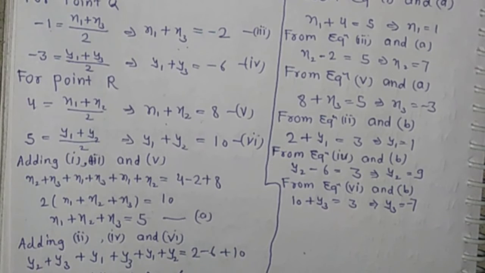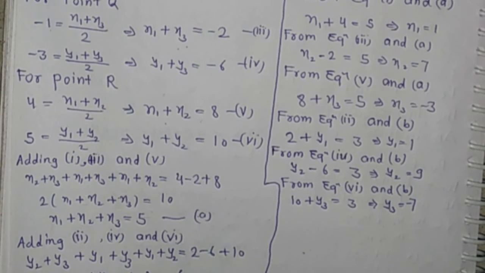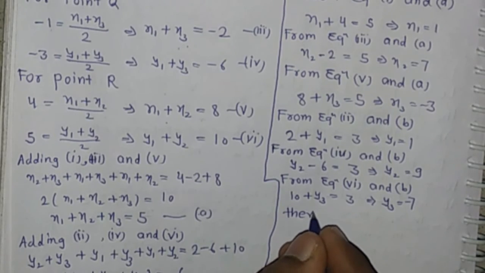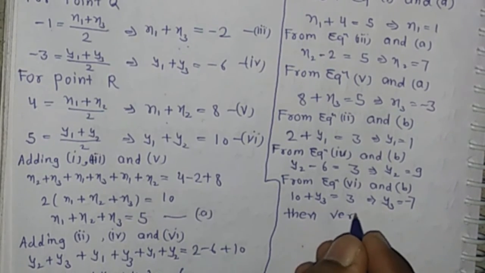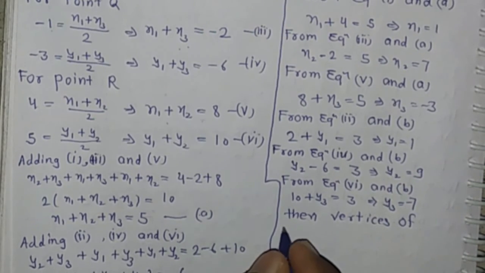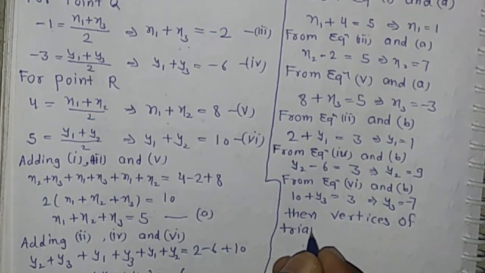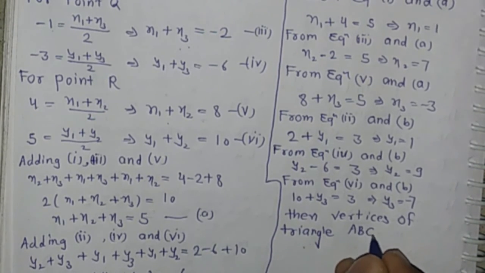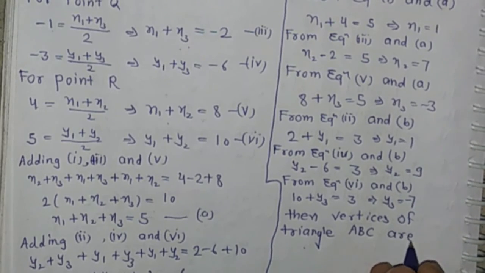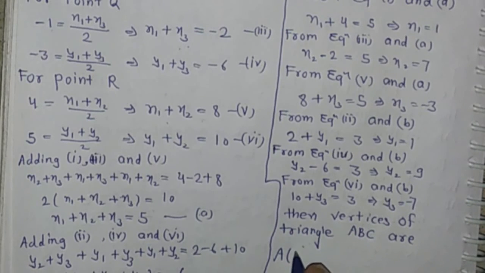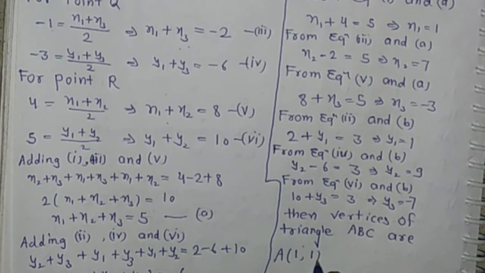Here we find the values of x1, x2, x3 and y1, y2, y3. Then the vertices of triangle ABC are: A is (x1, y1), the value of x1 is 1 and y1 is 1.